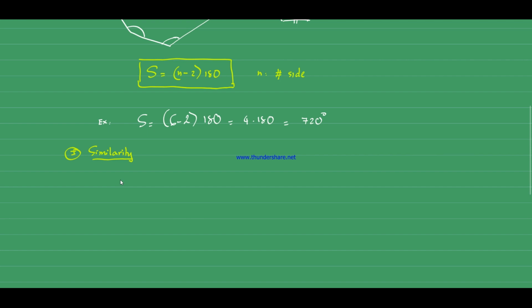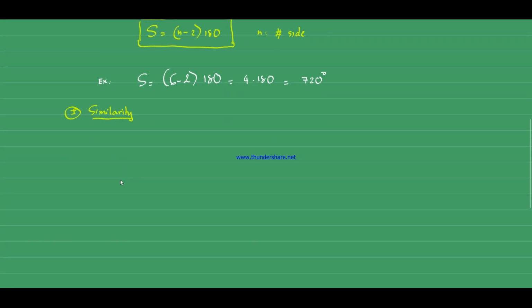Or mathematically, you can say that as long as you have a proportion between the corresponding sides of two polygons, then you can determine that they are similar to each other.